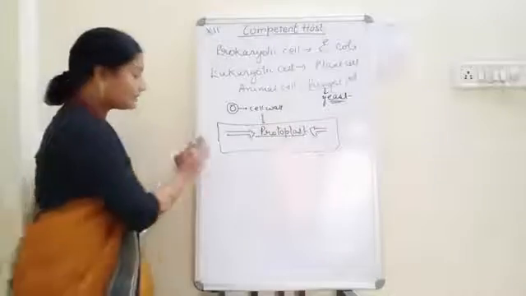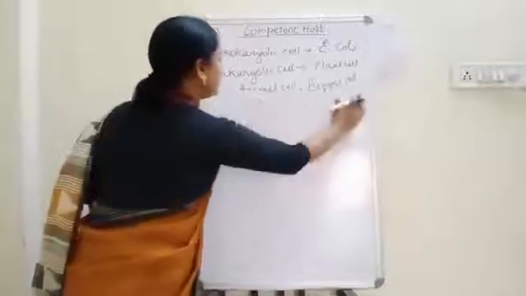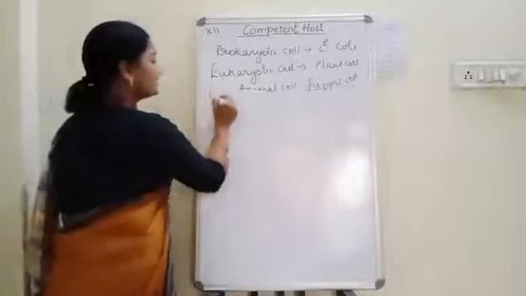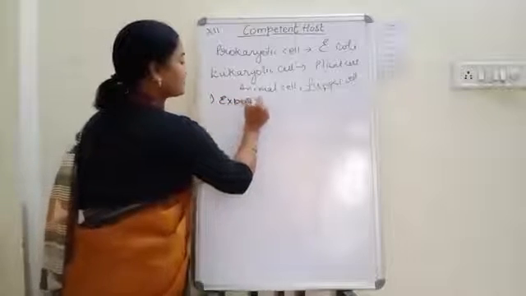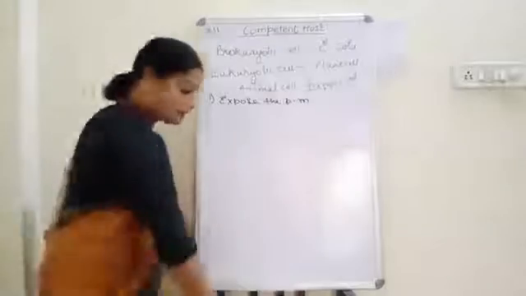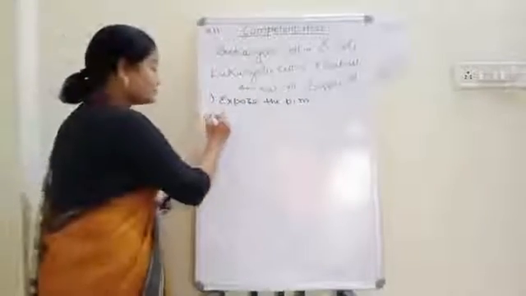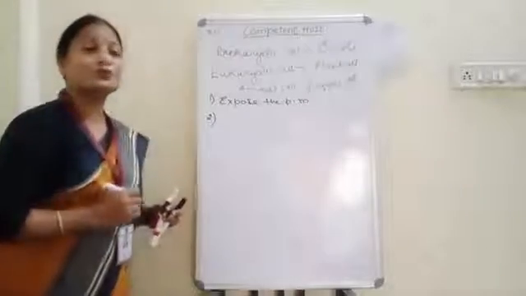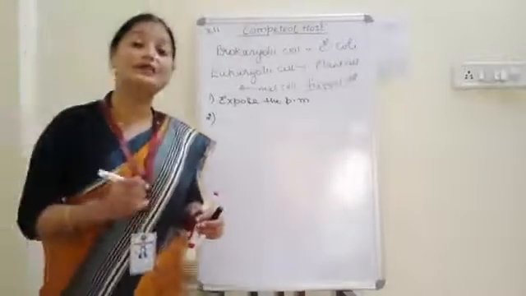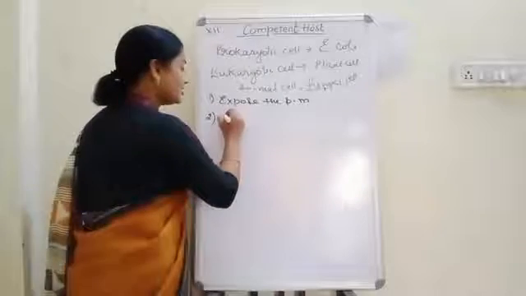Next is, so our first step is we have to expose the plasma membrane. Now, the second step is the cell has to be treated with the divalent ions.